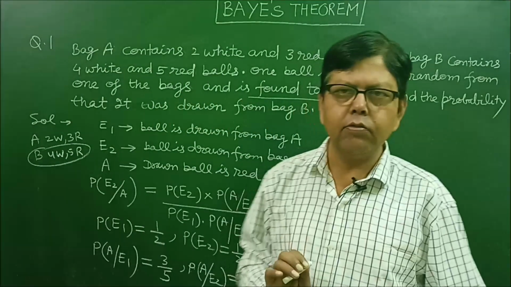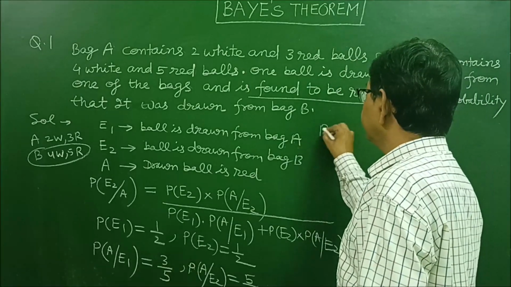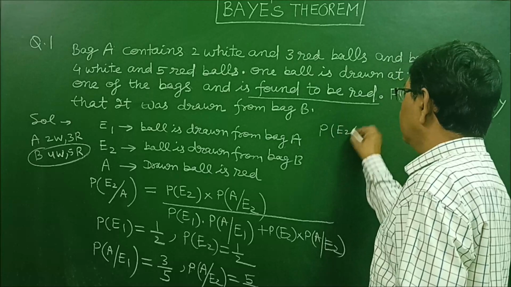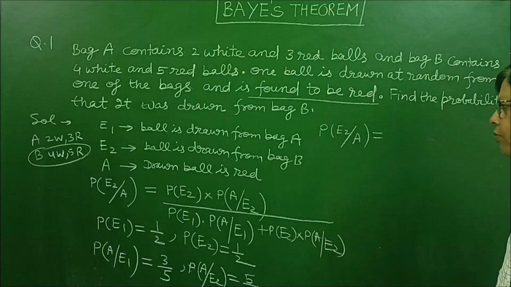Putting all these in this base formula. So if we put all these values in base formula, then probability of E2 slash A is equal to probability of E2.